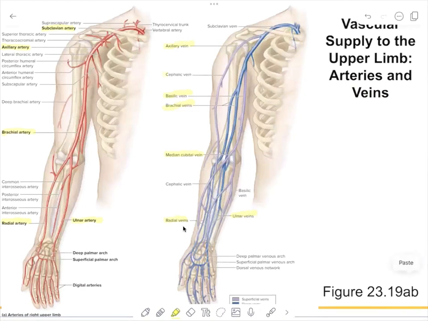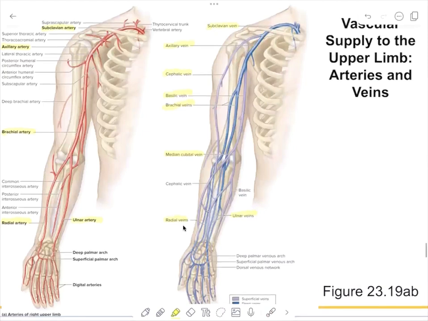And the cephalic vein is going to be on the lateral side of the upper arm and joins the axillary vein to lead into the subclavian vein. So be sure that you can identify these and you know where they generally lead to.